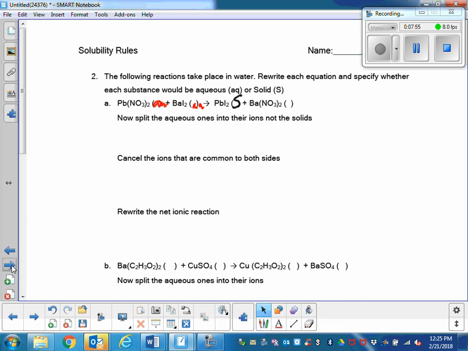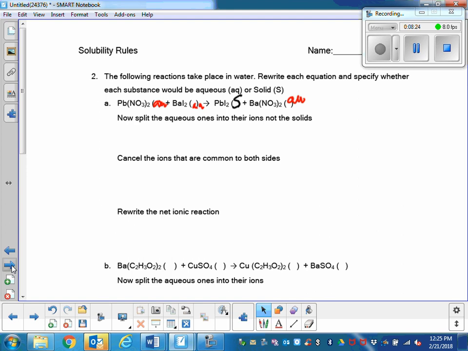AQ. So, the first step when an equation like this is given is to determine which is AQ and which is a solid. Do we know how to do this? The next step is, do you all know what the charges are for the polyatomic ions? You should also have a periodic table in front of you when you do this activity.